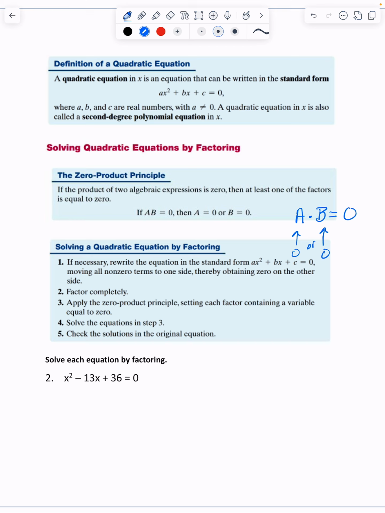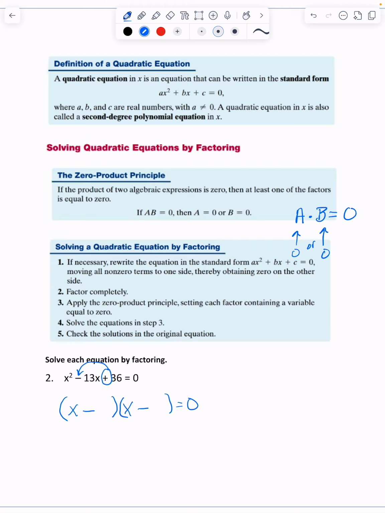So if I remember my rules of factoring, I'm going to set this up into two binomials. Using my sign rules, if my third term is positive, then I'm going to look to the left. They're both going to be whatever that sign is. The way that I break up x squared is x times x.